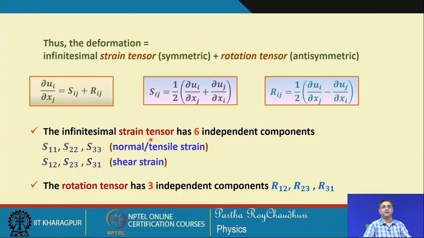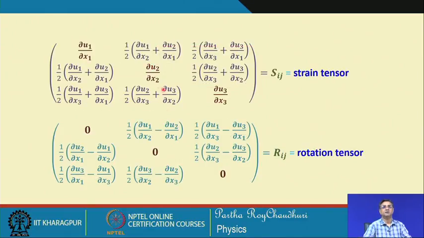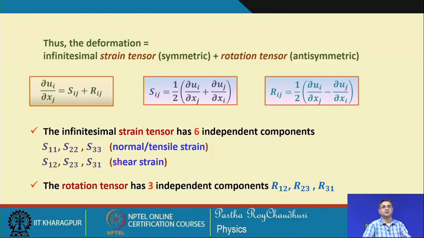The infinitesimal strain tensor has 6 independent components. Out of them, the 3 diagonal components S 11, S 22 and S 33 are the normal or tensile strains, representing the strain along the same direction, whereas the off diagonal ones represent the strain along the perpendicular directions 1 2, 2 3 and 3 1. So, the strain in the tangential direction is represented by these off diagonal elements.